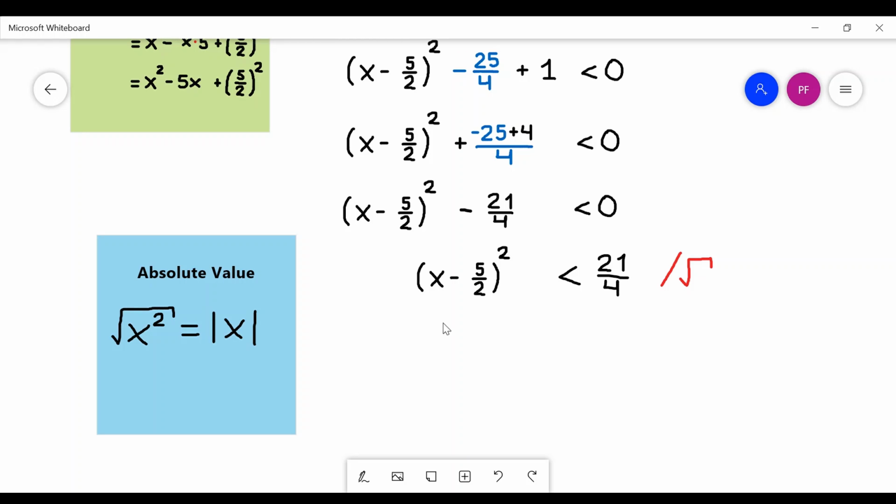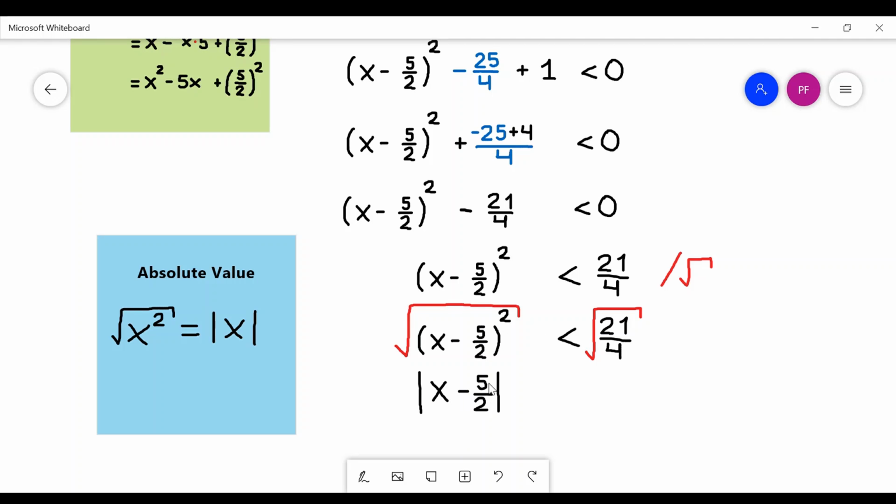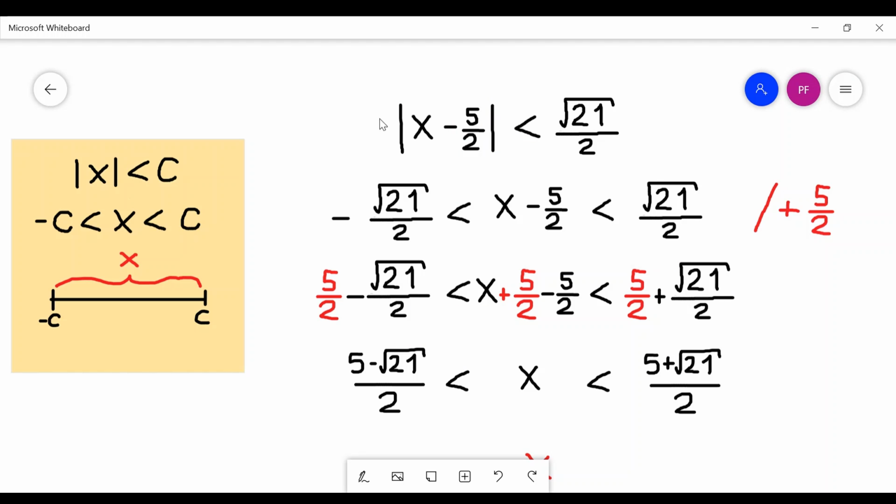So, the square root of (x minus 5/2) squared is the absolute value of x minus 5/2, and the square root of 21 divided by 4 is the square root of 21 divided by 2. Now, on our number line, x is delimited by (5 minus the square root of 21) divided by 2 and (5 plus the square root of 21) divided by 2.